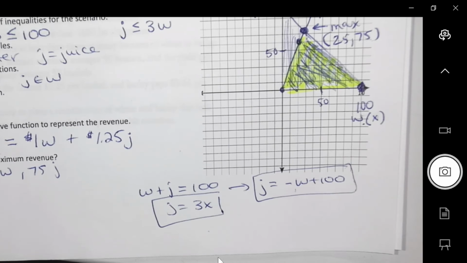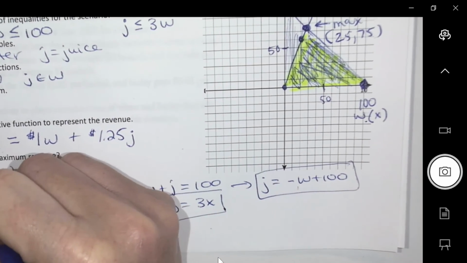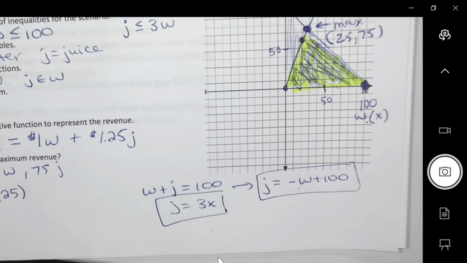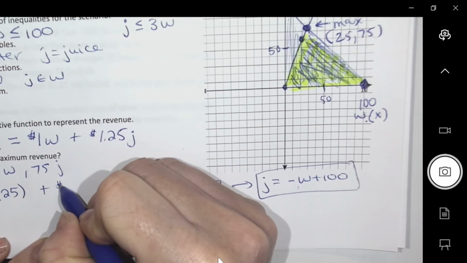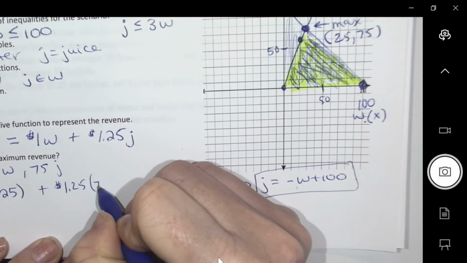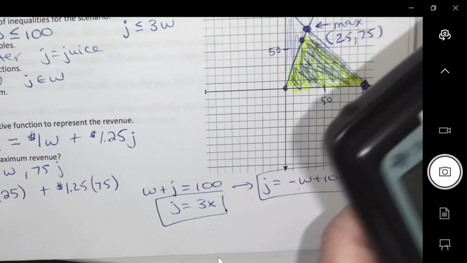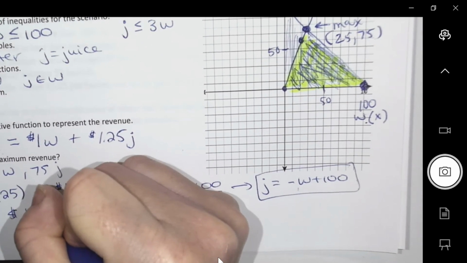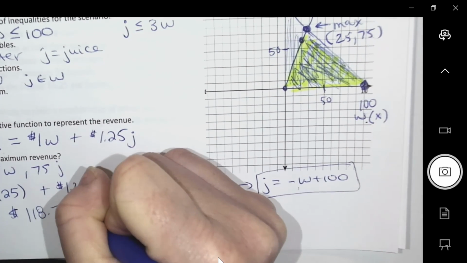So let's plug that in. $1 times 25 waters plus $1.25 for 75 juice makes 118.75.